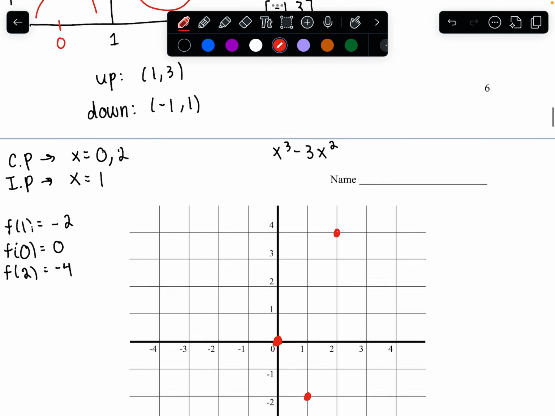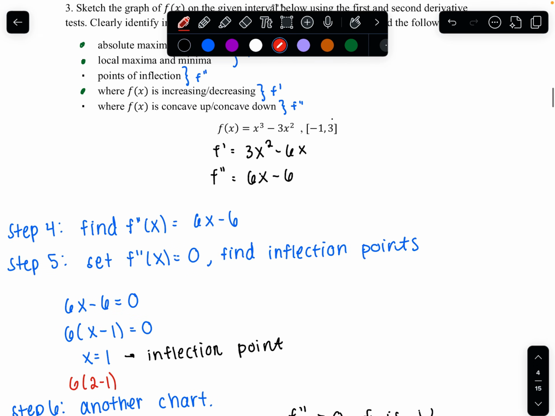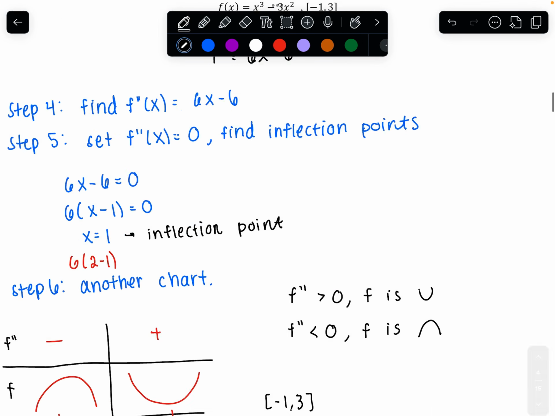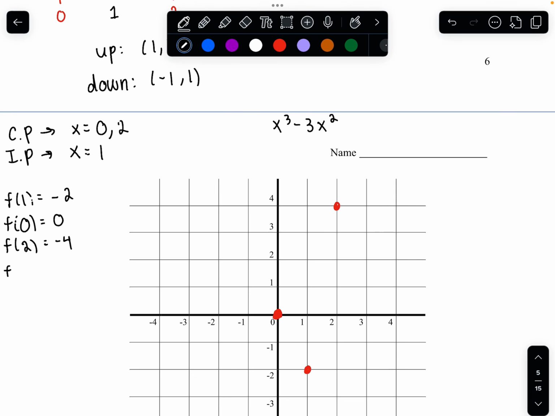Okay. Why don't we also plot our endpoints? -1 and 3. All right, -1 is going to be, I think, -4, because we get -1 minus 3, yep.